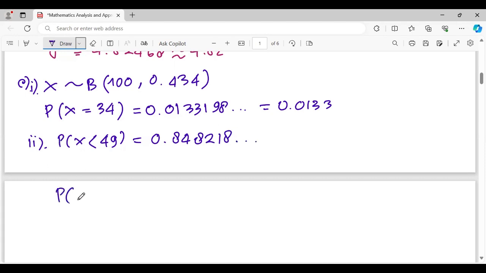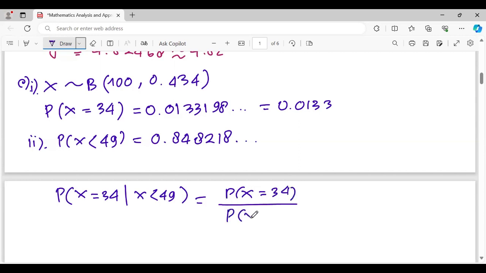So the probability of X equals 34, given X less than 49, equals the probability X equals 34 over the probability X less than 49.